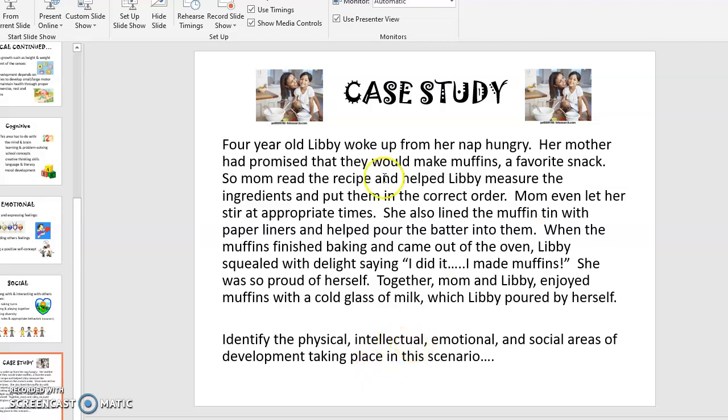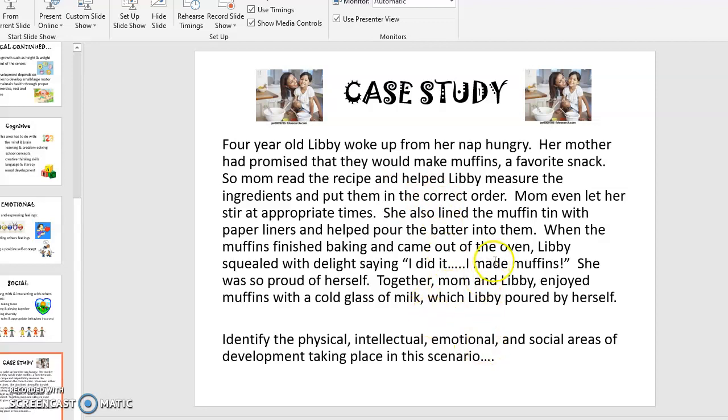Intellectual or cognitive: helping Libby measure and knowing when to stop. Maybe they looked at the amounts on the measuring cups and she was working with numerals. That would be cognitive development. Here, there can also be some other areas.